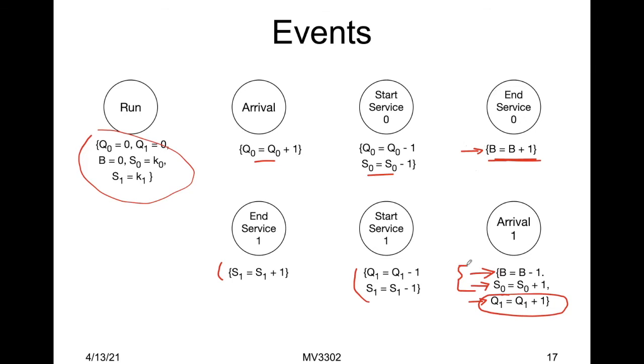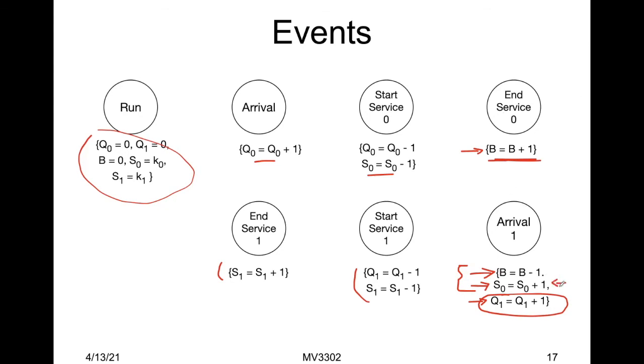But the lesson here is that none of these are just sort of boilerplate. None of these state transitions, none of these events are laws of nature. They're not written in stone. They're dictated by what happens in the model and how the model is trying to capture what's happening in the system.